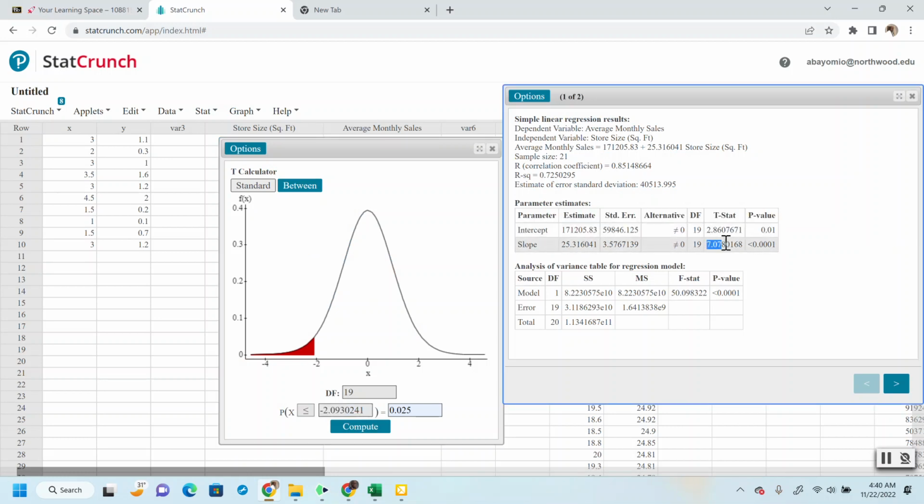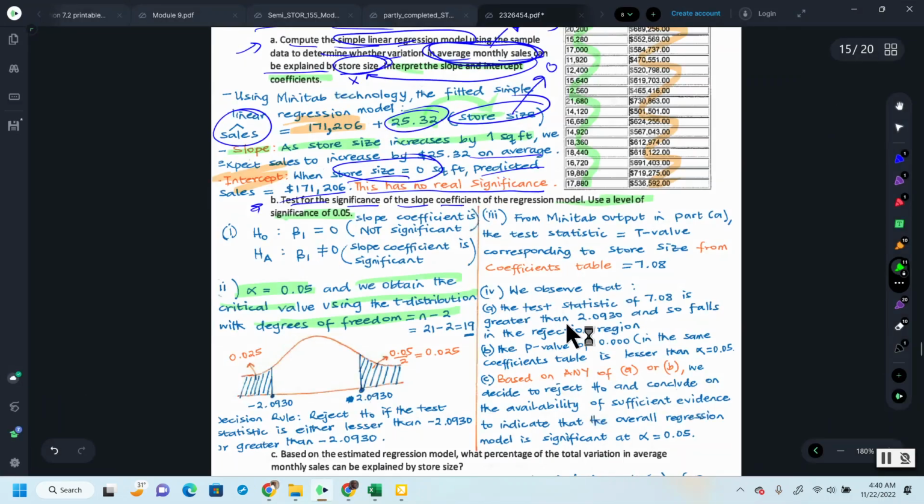And I would like to look at the test statistic for the slope, which is 7.078. So here we go, 7.08. This number is definitely way bigger than 2.09, so it falls in the shaded rejection region.